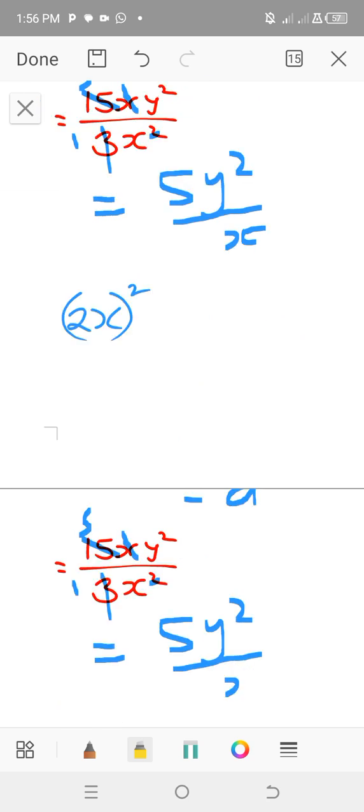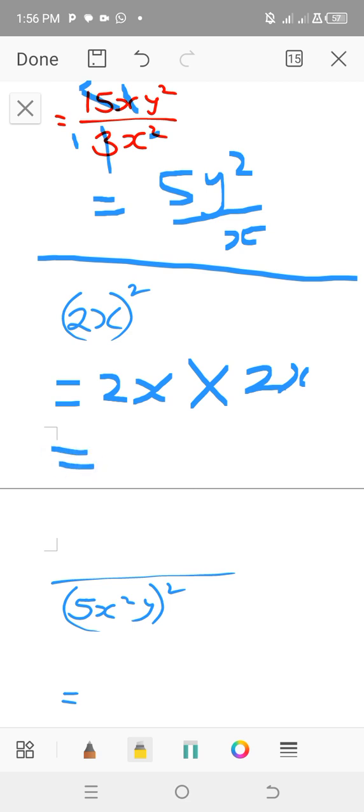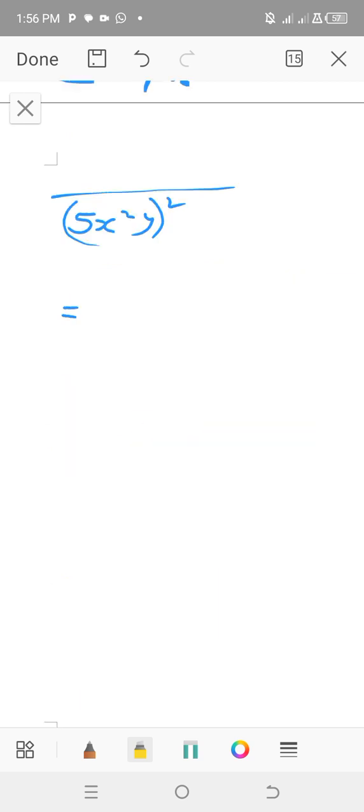So another question here is this, 2x raised to the power 2, that gives 2x multiplied with 2x. So this gives us 2 times 2 is 4, x times x is x raised to the power of 2, and that is 4x raised to the power of 2.